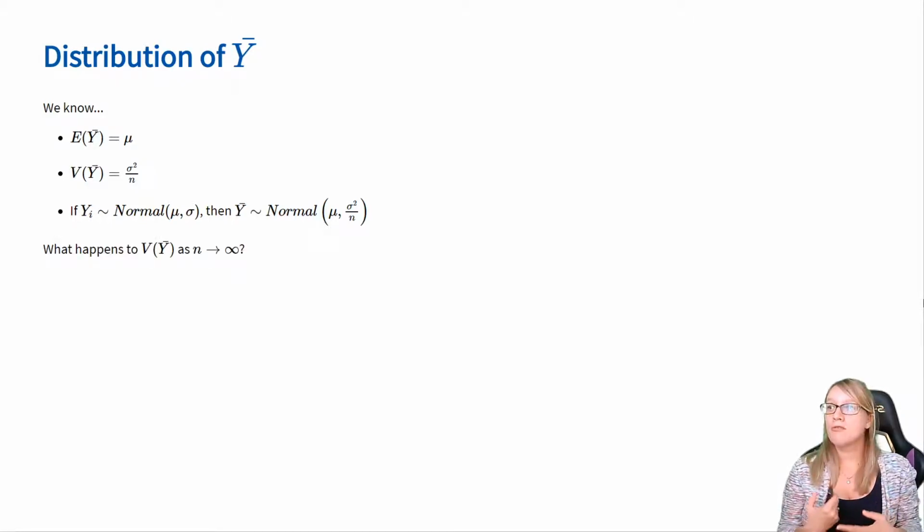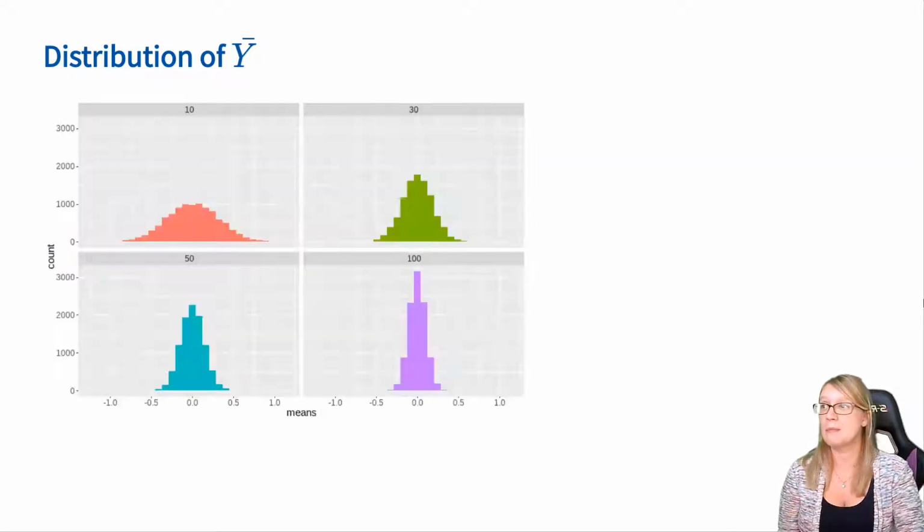What we haven't discussed is a few things. We haven't talked about what happens to the variance of the sample mean as our sample size increases. We also haven't talked about the distribution of the sample mean for other populations.